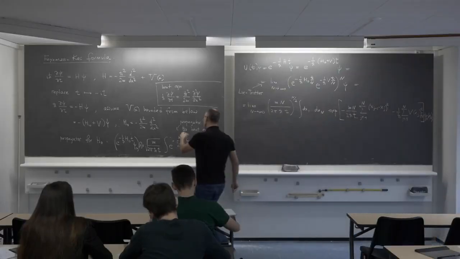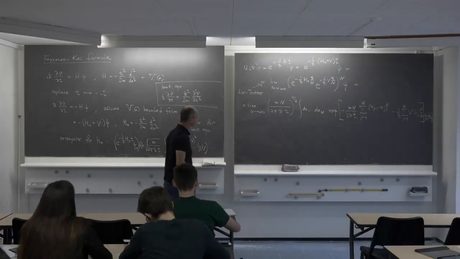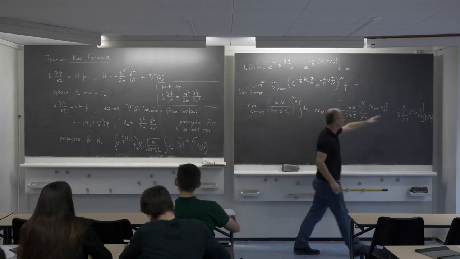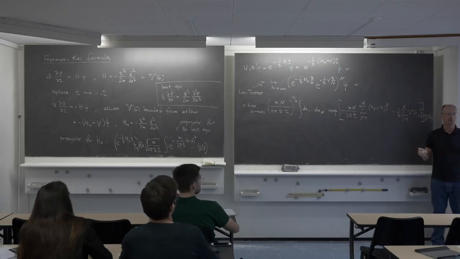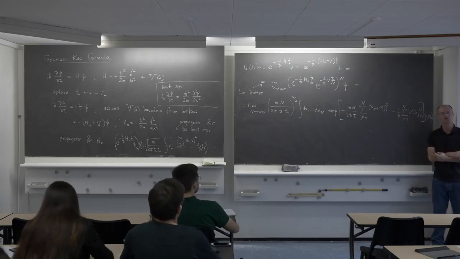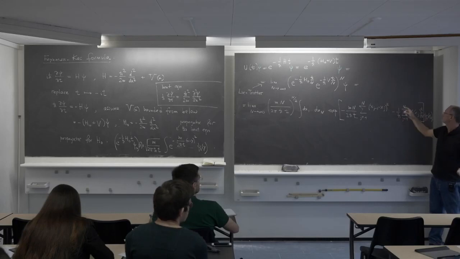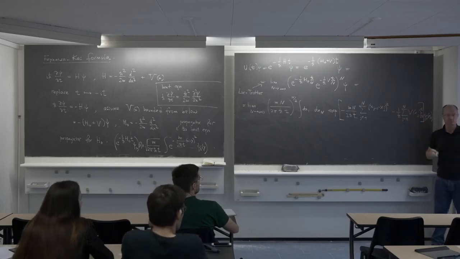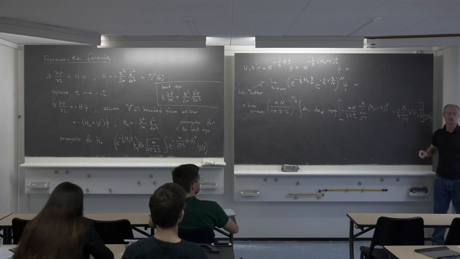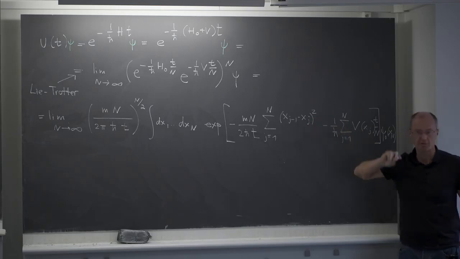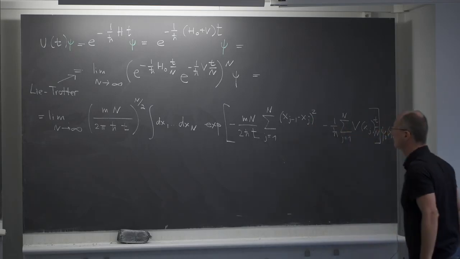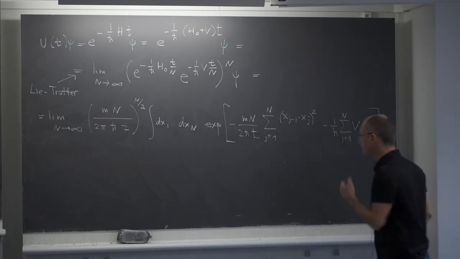So here I'm replacing t by t over n. And these are simply the kernels of multiplication operators by exponential of minus 1 over h bar V of x times t over n. So otherwise the calculation is more or less verbatim the same as the one for the Feynman path integrals. There they were imaginary exponentials, here they're real exponentials.